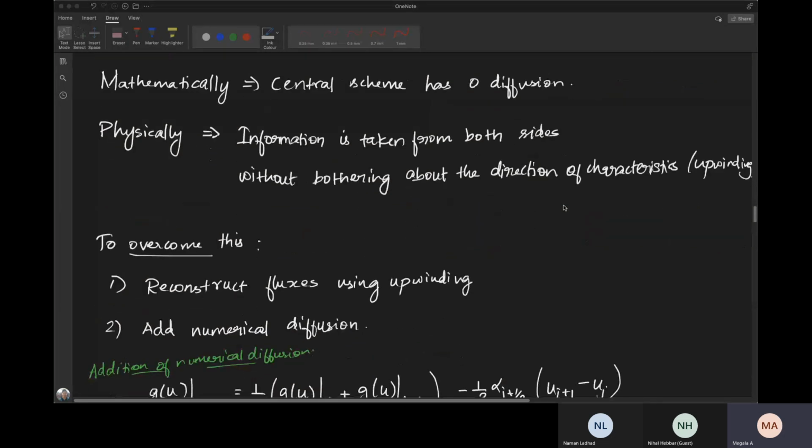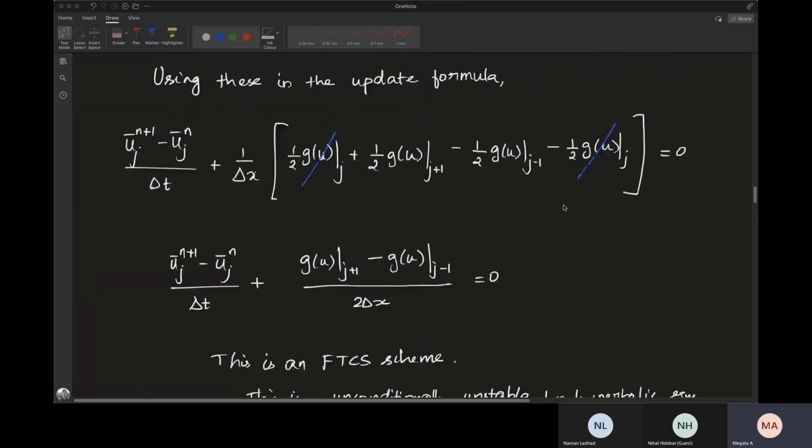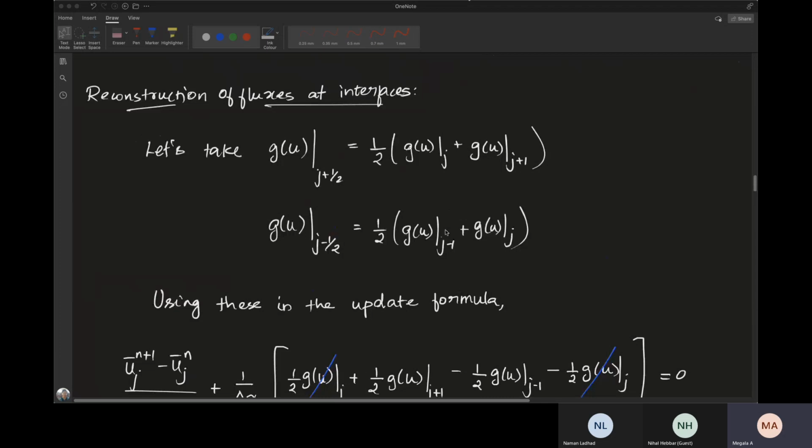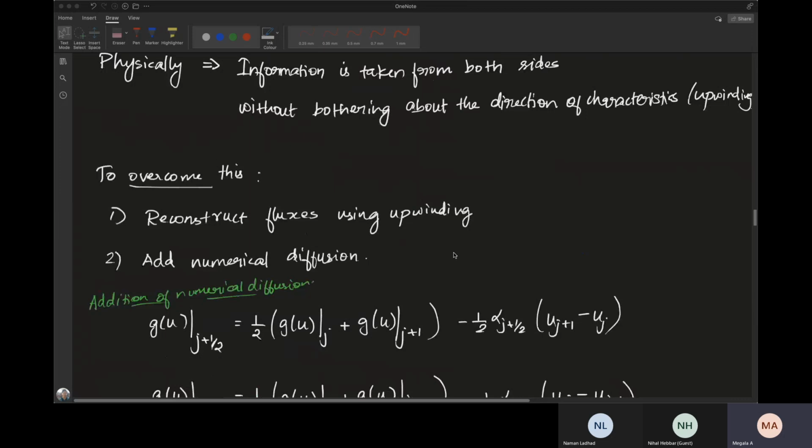Now to overcome this, what can we do? We can reconstruct the fluxes using upwinding. We have reconstructed the fluxes initially by just taking an average of left and right states. Instead of that, we can also use upwinding to reconstruct the fluxes. We saw what upwinding is earlier.